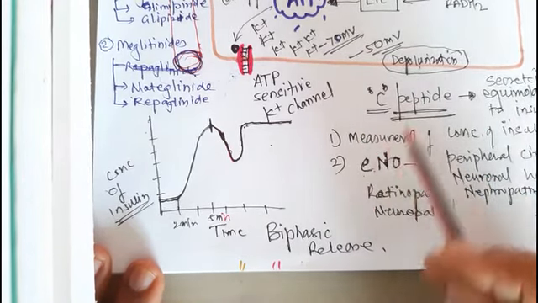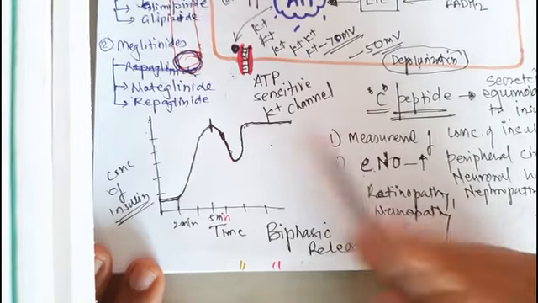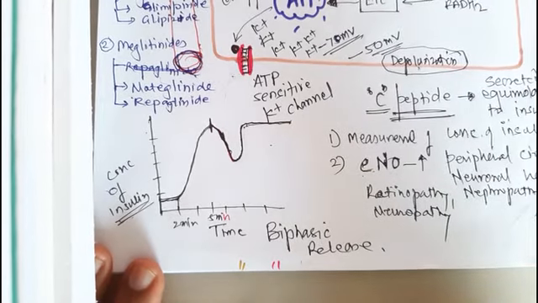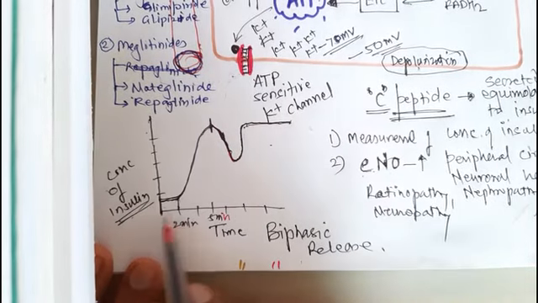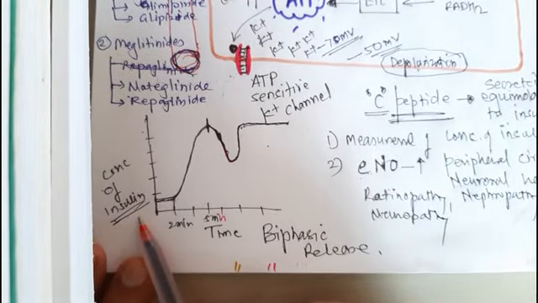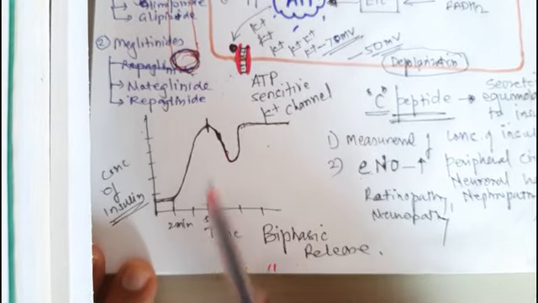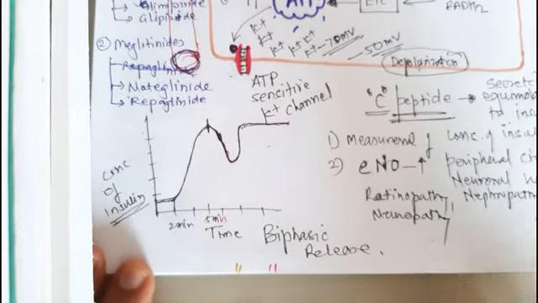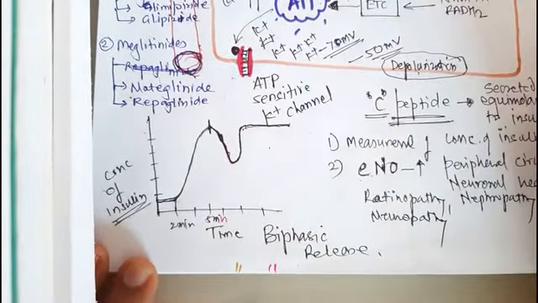So the cells synthesize the insulin and it is released afterward. That is called a biphasic release of insulin. So this is a graphical presentation of how the concentration of insulin increases, or how insulin is released from the beta cells, in a biphasic fashion.